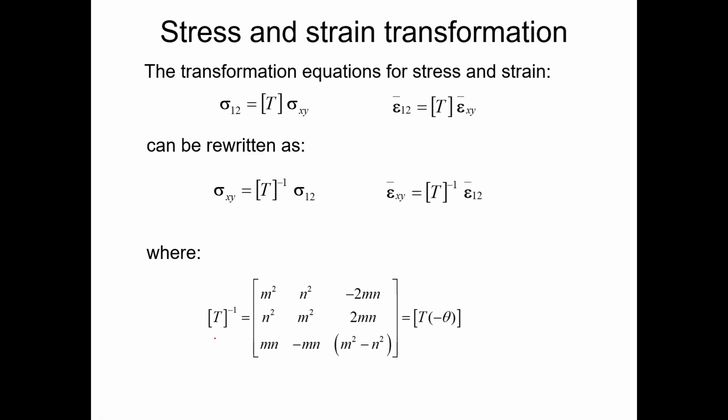T minus 1 is the inverse of that transformation matrix. It can simply become, instead of T theta, T minus 1 theta is equal to T minus theta. That's how it works in this case.